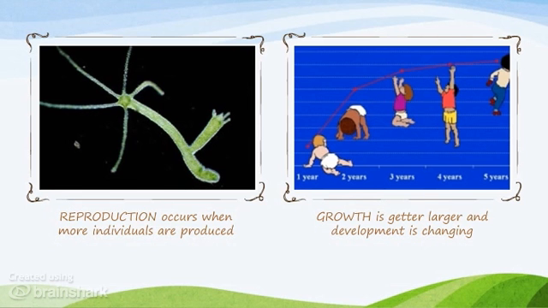So to make sure you understand this, you can see that reproduction occurs when a parent individual, or two parents in many cases, produce new individuals. Growth, of course, means getting larger over time. Development means changing in addition to getting larger. Once again, both reproduction and growth and development are characteristics of life, but they are also considered life processes.